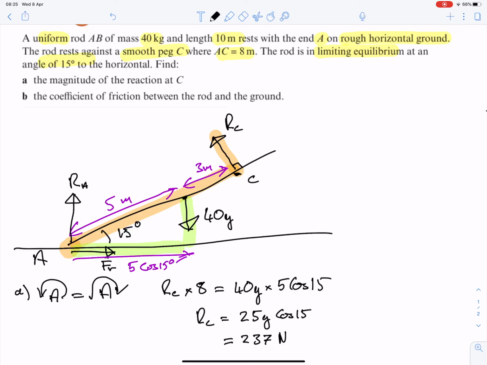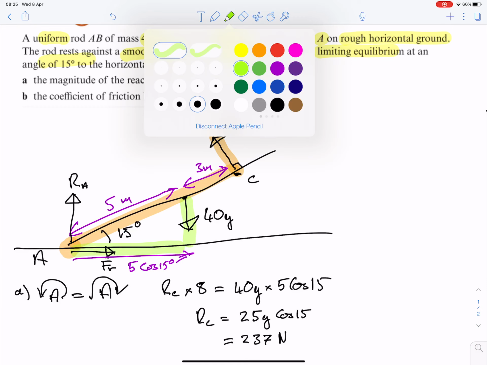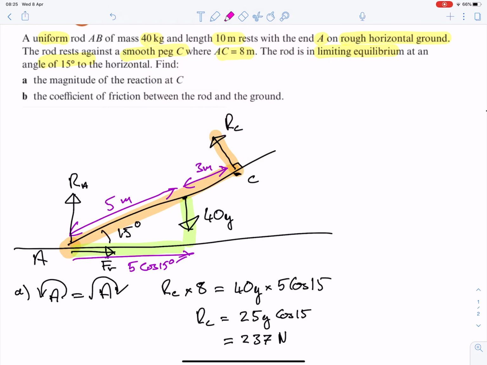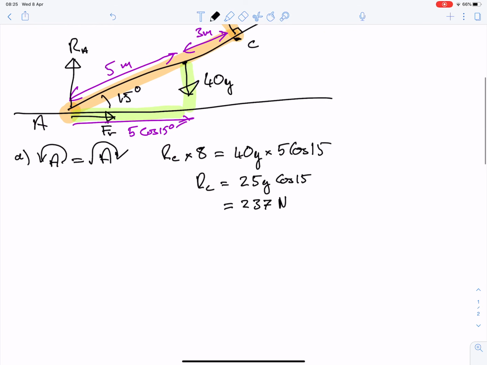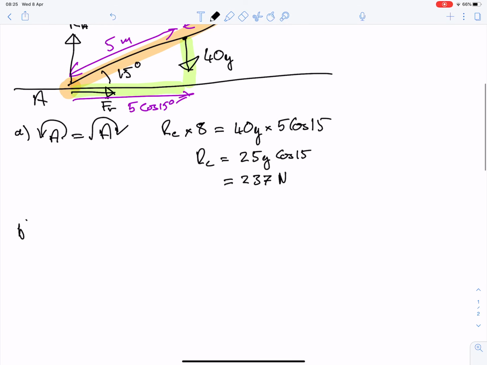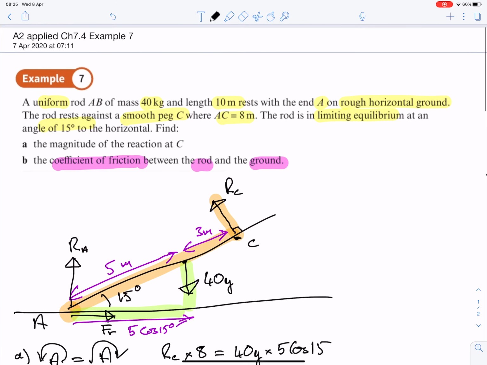Now let's think about part B, the coefficient of friction between the rod and the ground. What equation do we know to do with friction? Well, let's have a look.